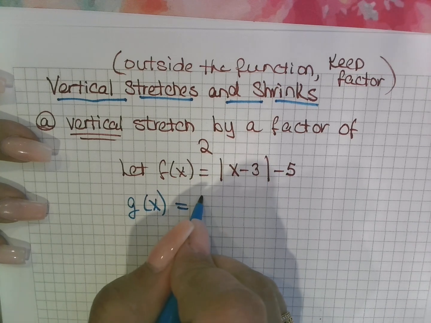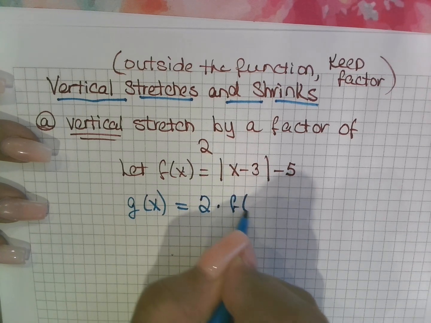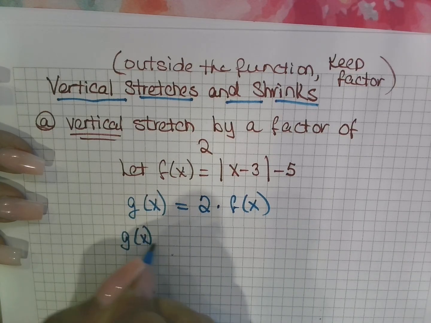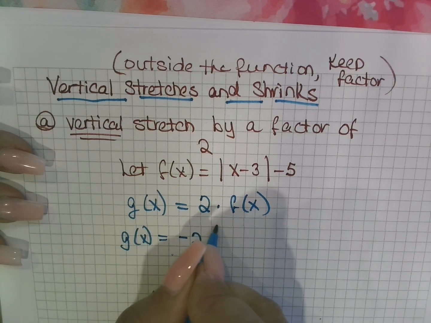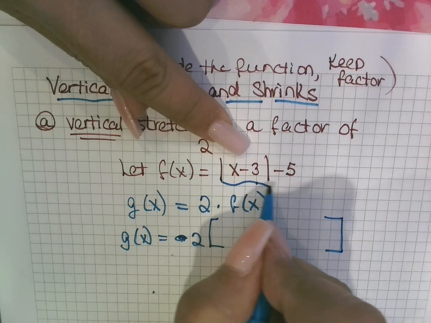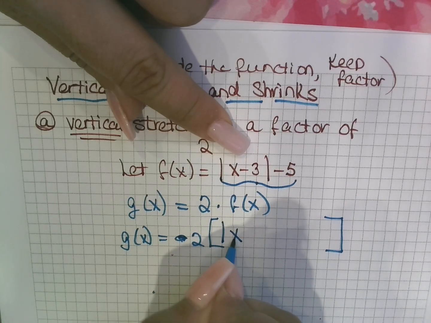So it's just 2 times f of x. So really simple. We're going to put a 2, and then we're going to multiply it by whatever f of x is. Well, f of x is this whole thing. So we need to put that in here.